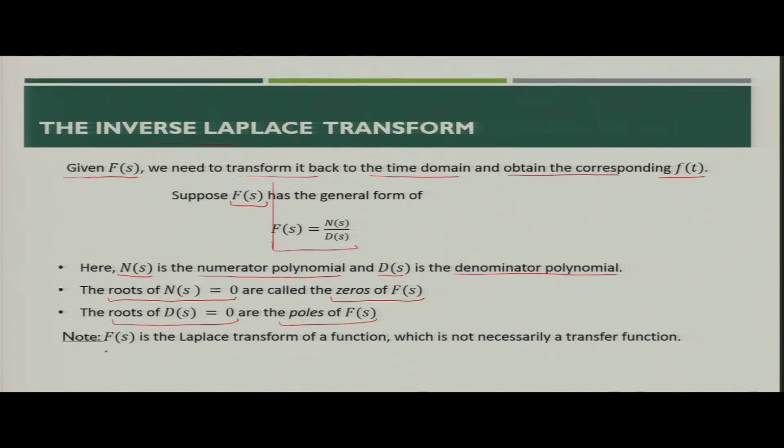Now, we have to keep in mind that F(s) is the Laplace transform of a function f, which is not necessarily a transfer function. We have to keep this in mind so that we are not confused between the transfer function and the Laplace transform.